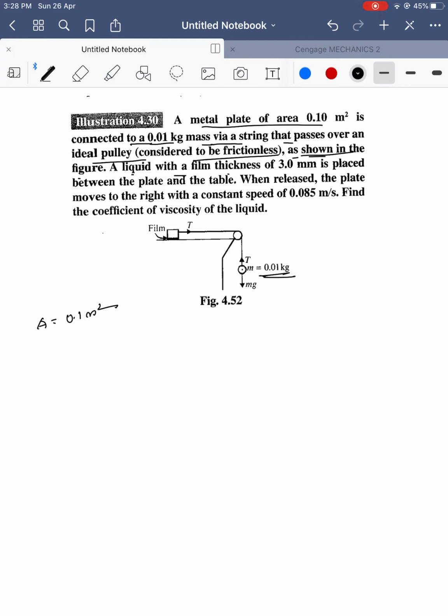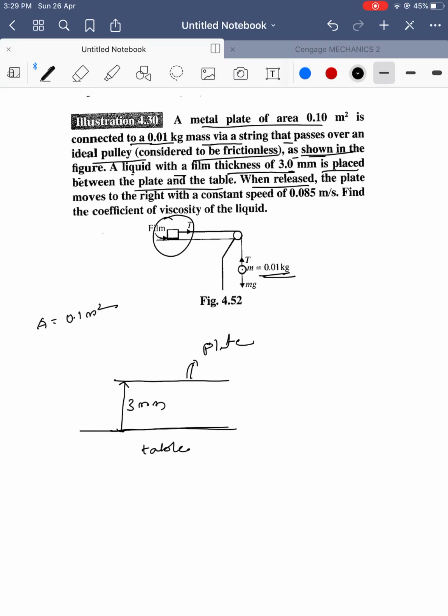A liquid with a film thickness of 3 millimeter. So this is the film. Let's magnify this. This is the film. Its thickness is how much? 3 millimeter. It is placed between the plate and the table. This is the table, bottommost portion, and above is the plate.